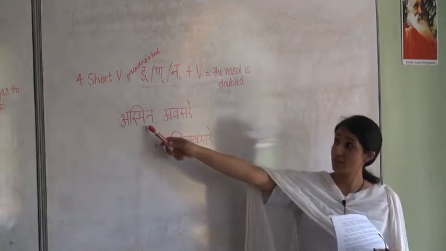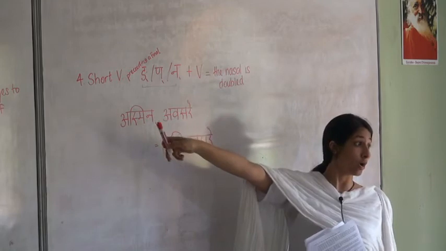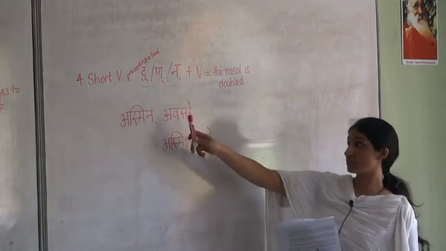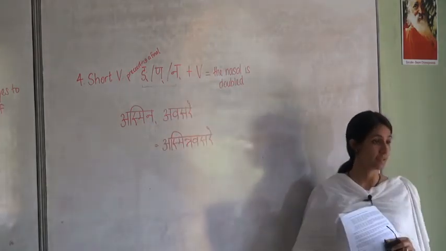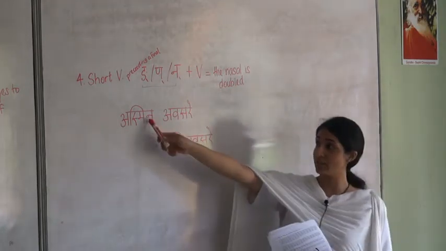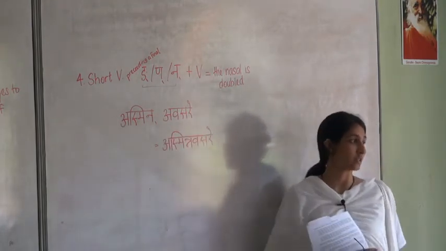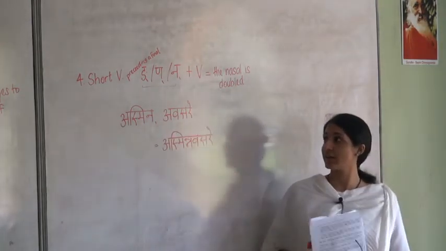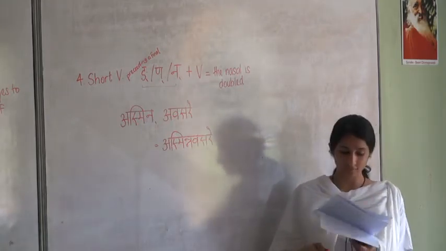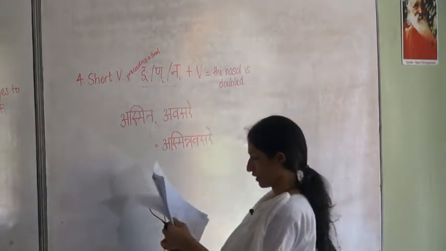If this preceding vowel was long, right, then this rule would not apply. So over here we have to see if the preceding vowel is short or long. That's the difference, right?